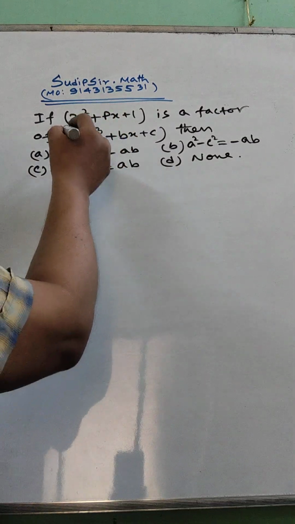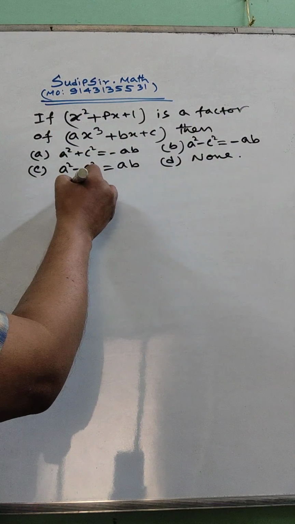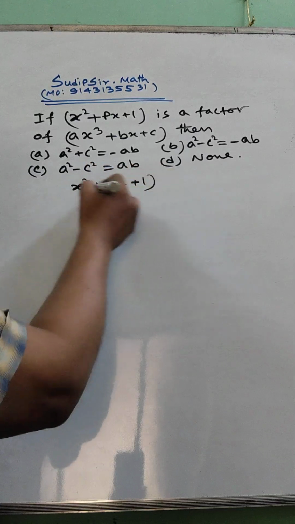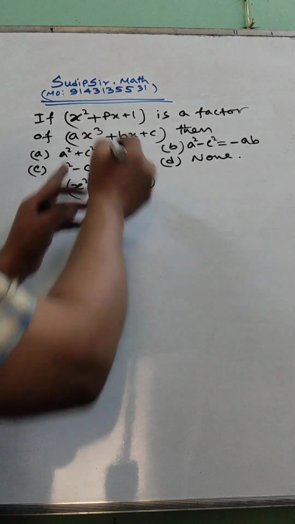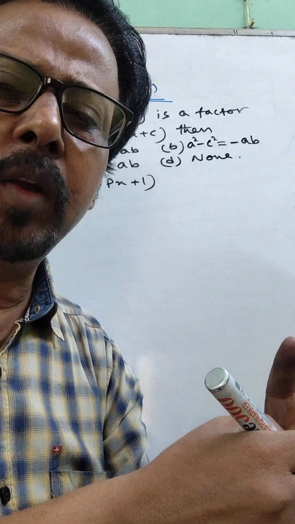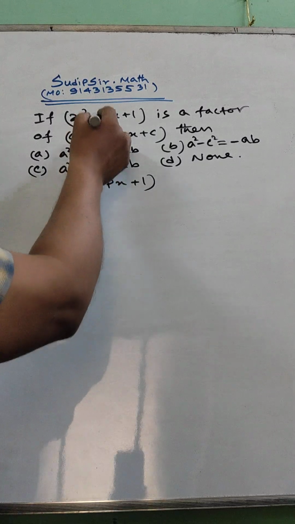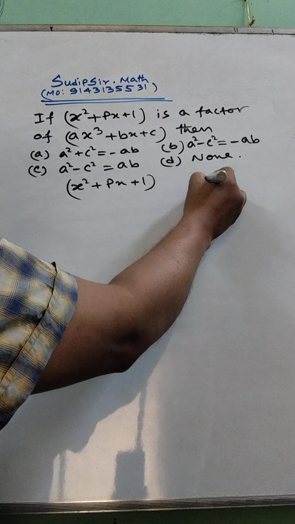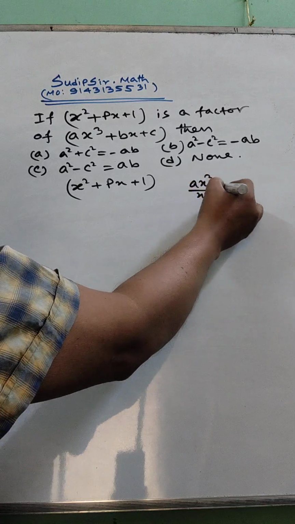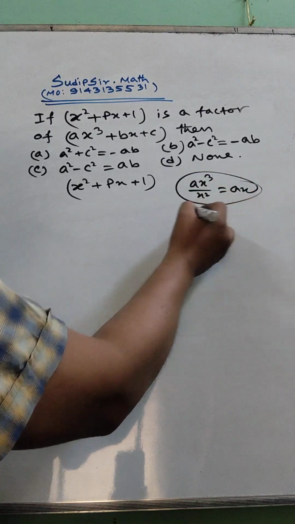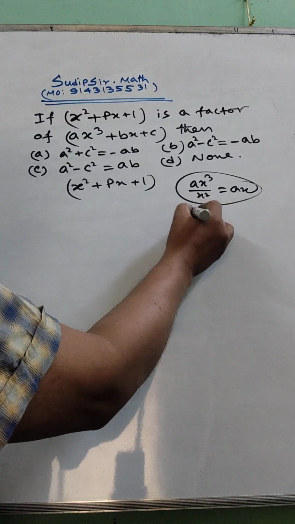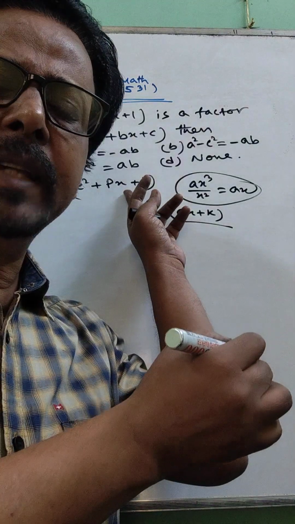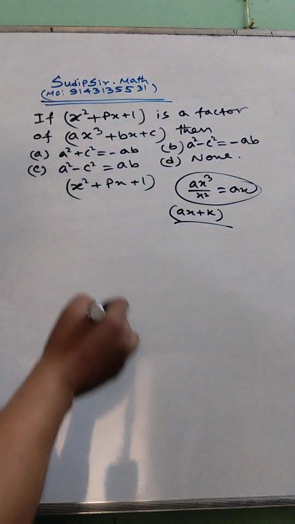Now it is clear, x square plus px plus 1 is a quadratic, and this is a cubic equation. So if we divide this by this, we get ax cube by x square, that means ax, and we must have ax plus k as another linear factor.